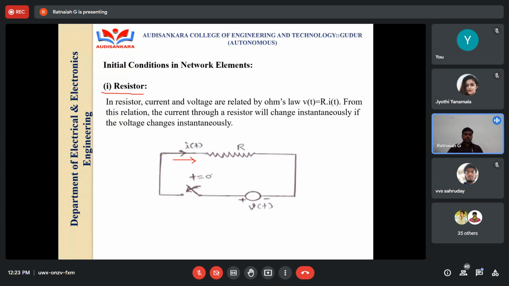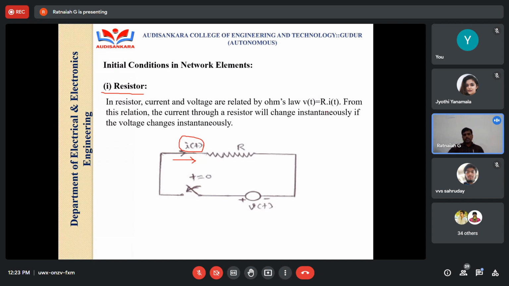Before closing the switch, that is at t equal to 0 minus, when you take this resistor, before closing the switch or after closing the switch, there is no change in the current, because the resistance always opposes the flow of electrons. Therefore, the switch cannot change that. There is no change in the current even if you close the switch for the resistor, because the resistor is a time-independent element.